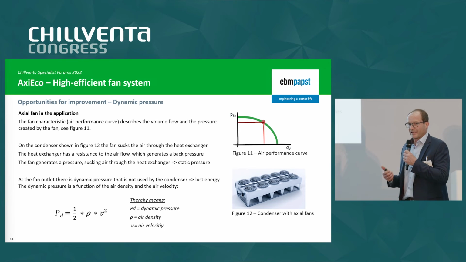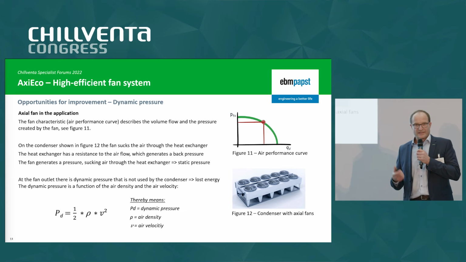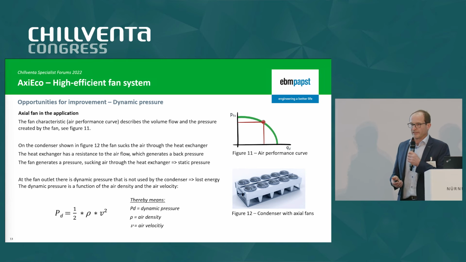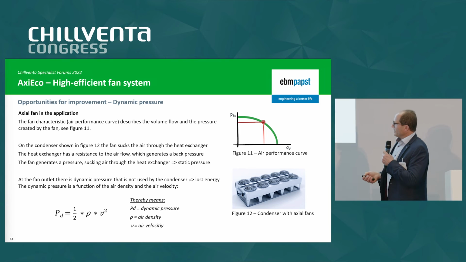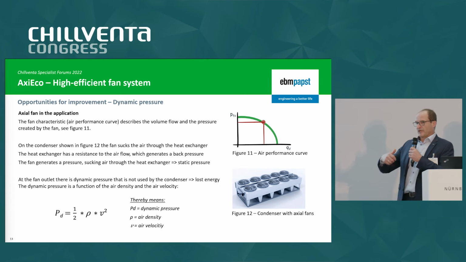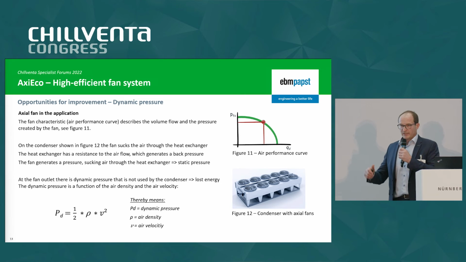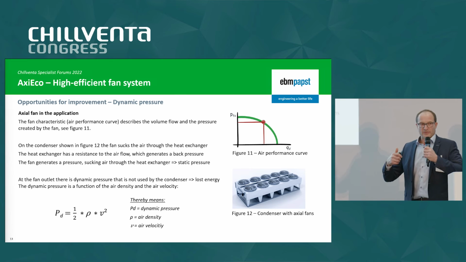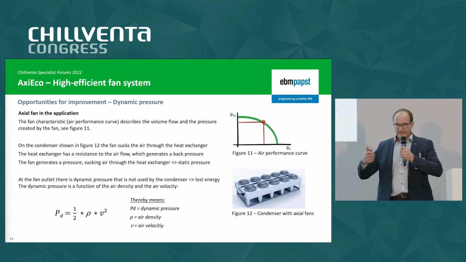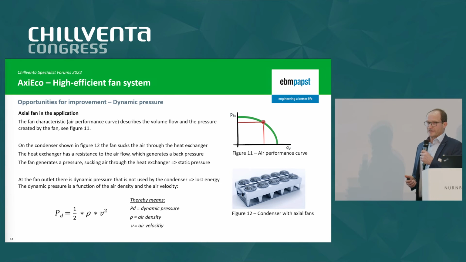So we have a certain dynamic pressure proportion. But this dynamic pressure cannot be used. It's lost energy. And therefore, we try to keep the air velocity as low as possible and keep the static pressure as high as possible. And by this, we can improve the efficiency of a fan.